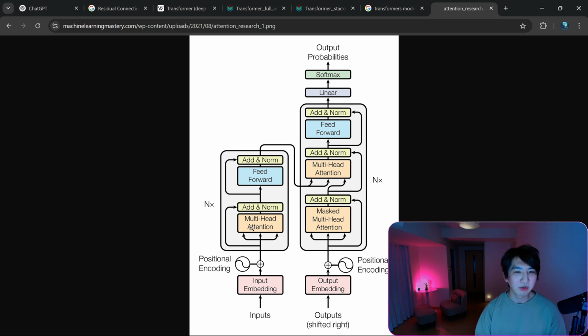Because of this multi-head attention layer, it would be able to capture long-range dependencies.